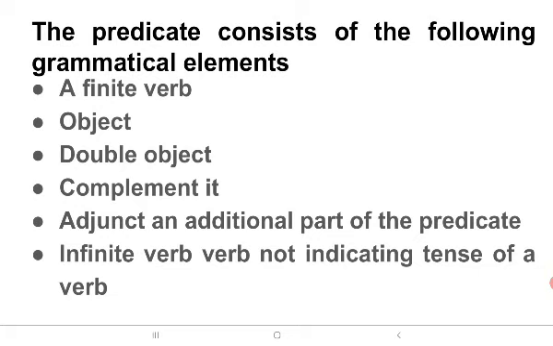Adjunct, an additional part of the predicate; infinitive, a verb not indicating tense. These are the grammatical rules.